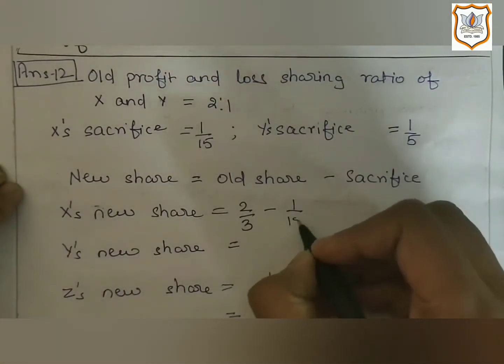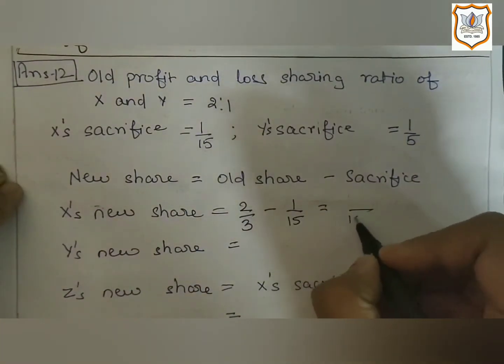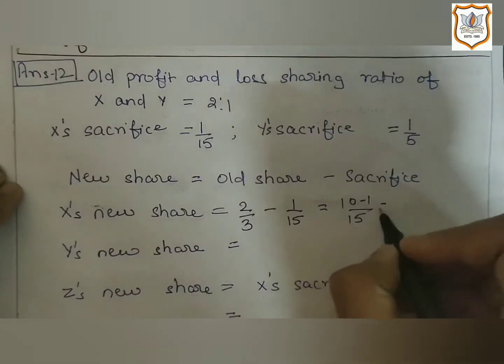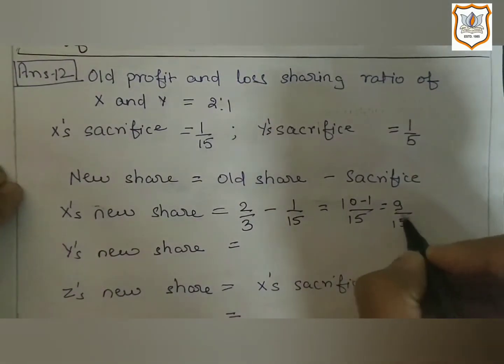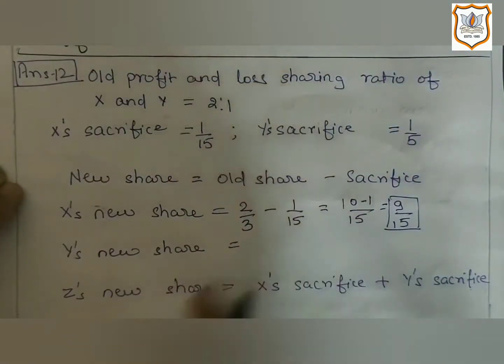So minus 1 by 15. If we solve it, we will get 9 by 15. That is X new share.